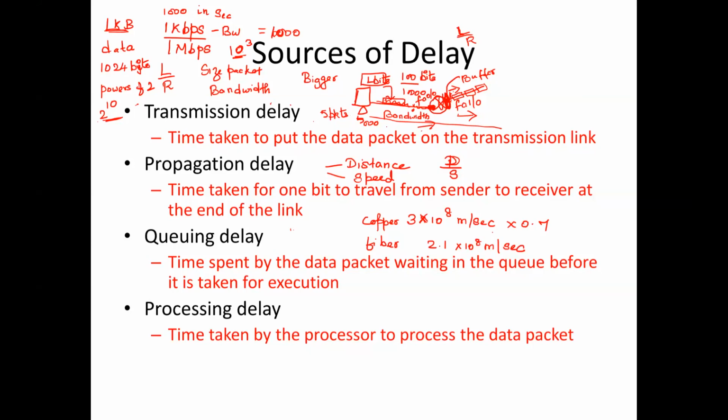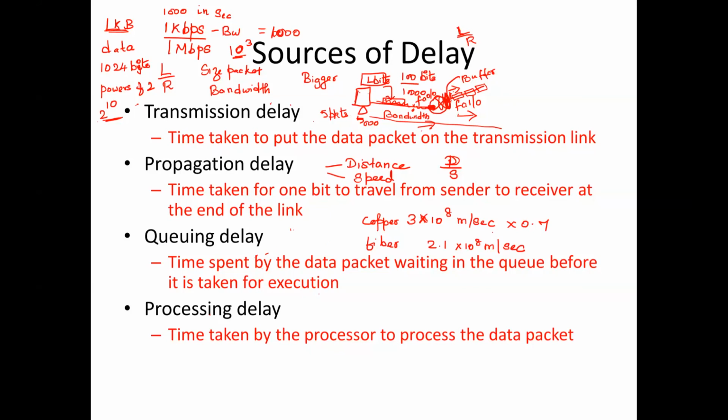Again, it depends on the processing speed of the router. So if more packets arrive, a queue can occur and packets have to wait. Queuing delay is the time spent by the data packet waiting in the queue before it is taken for execution. A queue can occur while it is entering the router, or when it is leaving the device.